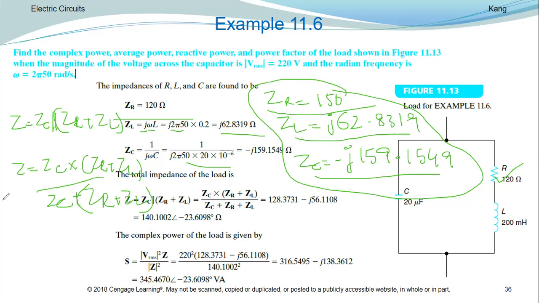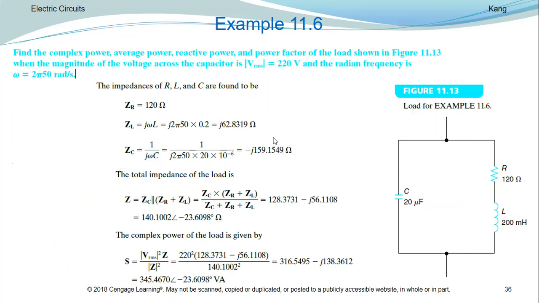Now the value of S basically equals VRMS square with the Z value, then the whole divided by Z square. So this is the 220 square VRMS value, with the Z value that I found, divided by the Z square. So this is the value of S for my system.